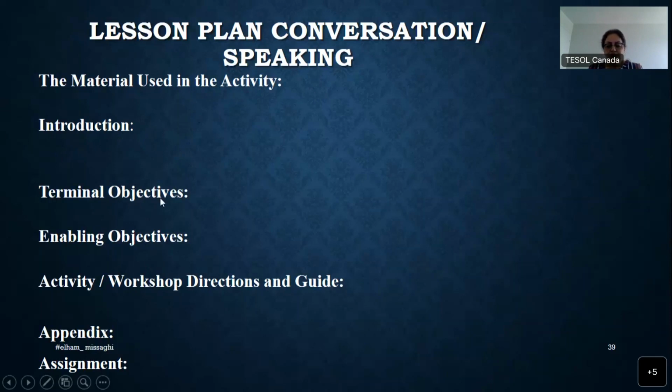Guys, do you know what the difference is between terminal objective and enabling objectives? What's the difference? If you don't have any ideas, just say no. If yes, please share. What's the difference between terminal objectives and enabling objectives?